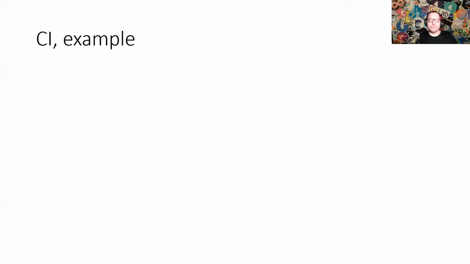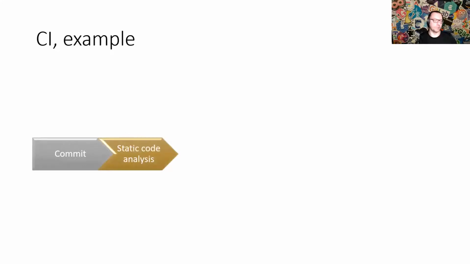Here is an example of CI, to understand it fully from start to end. We have a commit. After the commit, we have static code analysis, for example, SonarQube, whatever. We can do it after the commit, we can do it during the pull request process, etc. After static code analysis is done, we can do unit tests. After that, we are building the artifact.